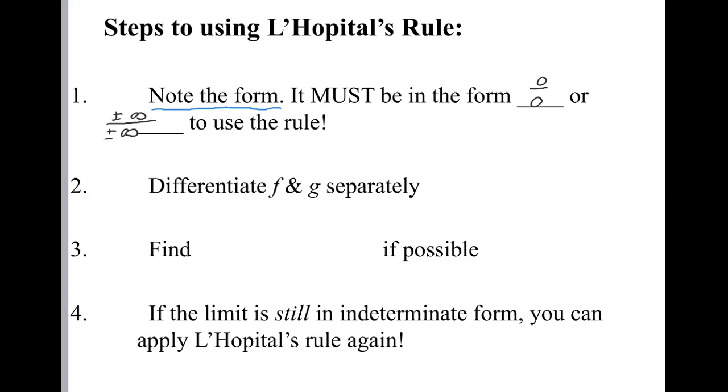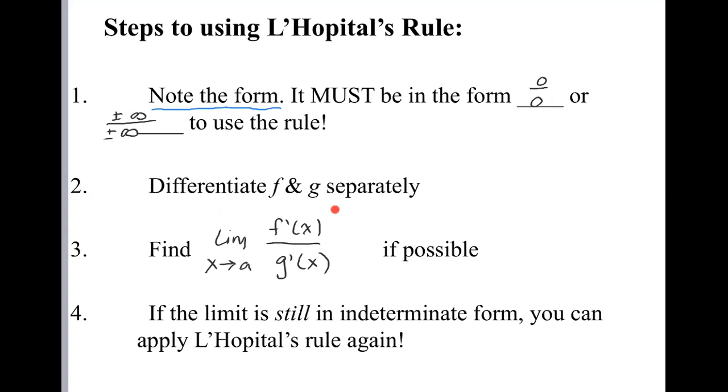After I find them, then I'm going to calculate, well, what is the limit as x approaches a of f prime of x over g prime of x. I'm going to evaluate that limit if possible. Now, in that previous problem, we were able to find this limit after applying L'Hopital's rule.